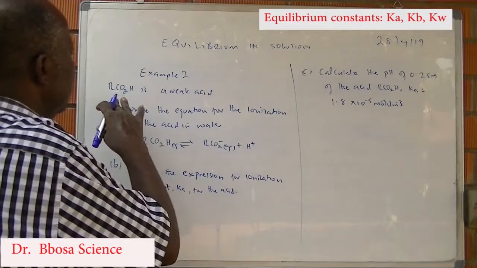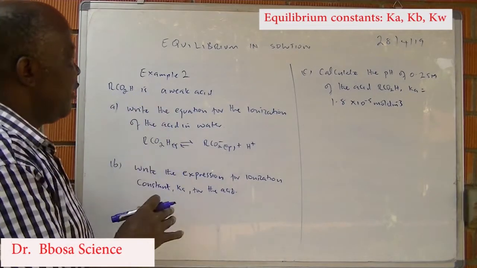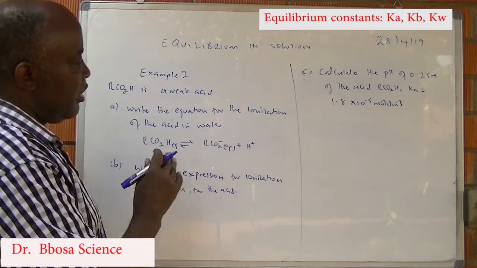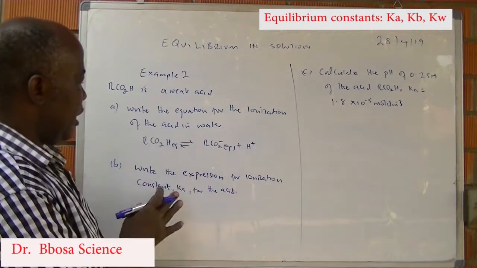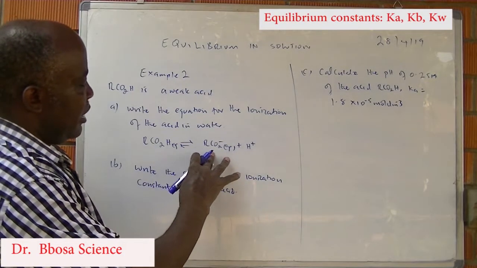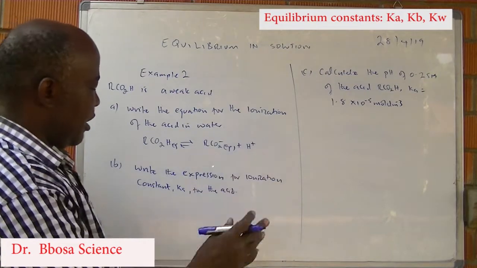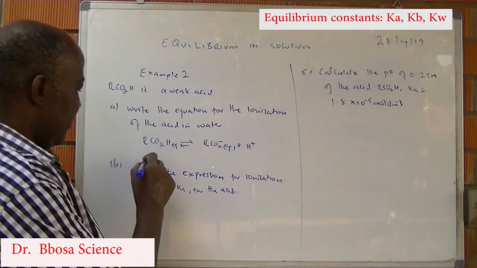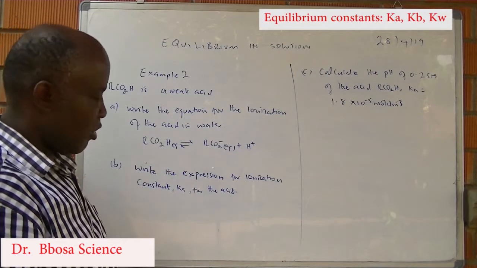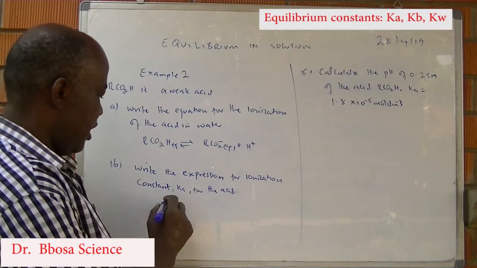Example 2, RCO2H is a weak acid. A, write equation for the ionization of the acid in water. So the acid will ionize to get the acid anions plus hydrogen ion. Then B, write expression for ionization constant Ka for the acid.